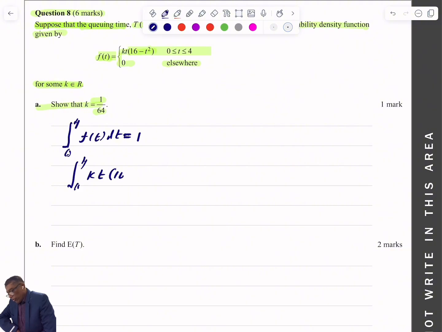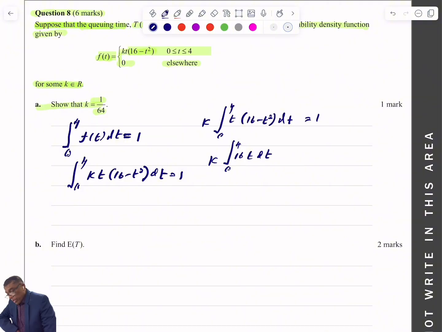Therefore, 0 to 4 f(t) dt is equal to 1. 0 to 4 of k times t times 16 minus t square dt is equal to 1. k is a constant, so I can take it out: k times 0 to 4 of 16t minus t to the power of 3 dt is equal to 1.